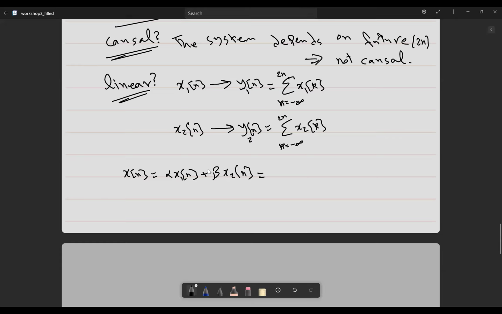So the output will be y[n] equals the summation from k equals minus infinity to 2n of x[k], which is the summation of alpha x1[k] plus beta x2[k], sorry, k, not n.